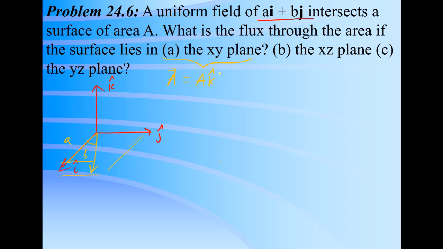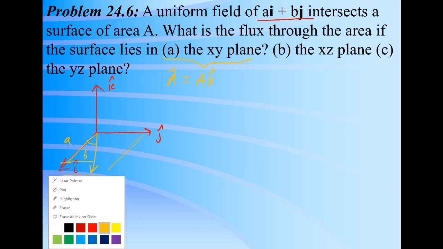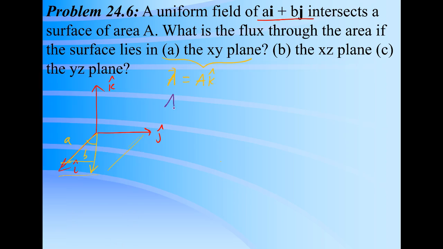Okay, so A is equal to A k hat, and the field E is a i hat plus b j hat. And you'll notice right away that A dot E is 0 because there's no corresponding i or j in the area and there's no k in the field. Okay, so for the XY plane it's simply 0, and if you look at the diagram, there's no field lines going through the XY plane. They are going sort of parallel to the plane.